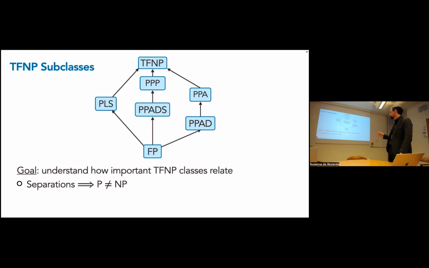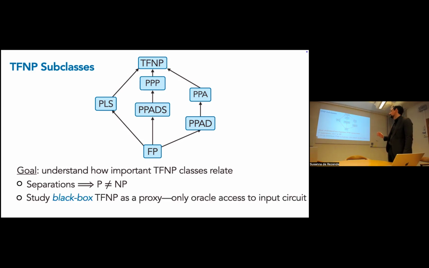However, separation between any pair of classes would imply that P is different from NP. So that's a little daunting. So the main way that people have gone about trying to understand how these classes relate is via studying them in the black box or oracle model as a proxy, right?